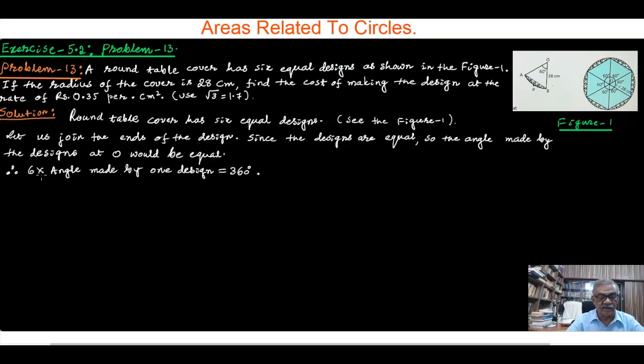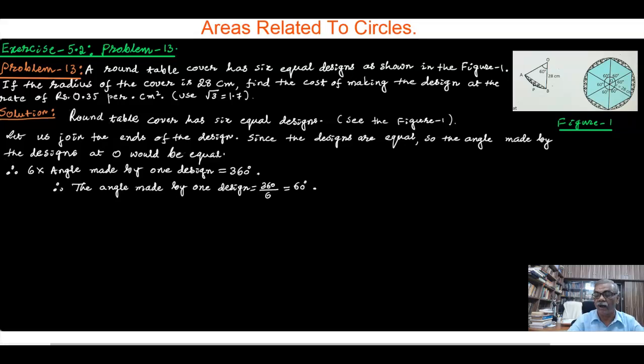The angle made by one design, 6 times it is the total angle, which is 360 degrees. Therefore the angle made by one design is 360 by 6, that is equal to 60 degree. Each design will make an angle of 60 degree at the center.